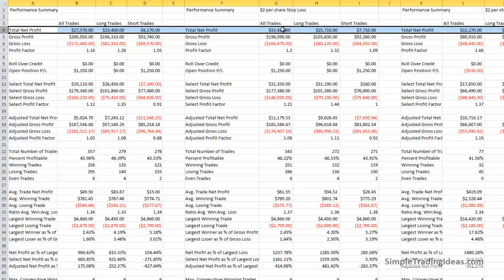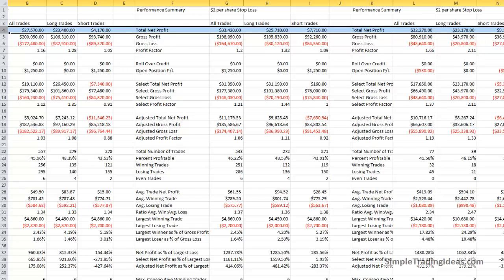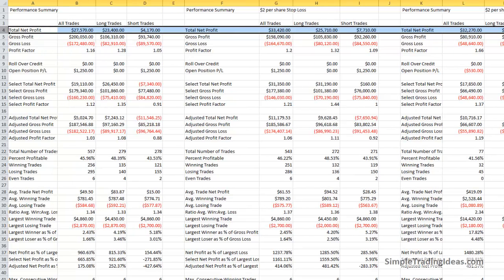There's our total net profit, all trades, right here with a $2 per share stop loss. And in the case of our new system with a channel, we're right at about the same level that we were in the previous one. So we might be saying, hey, there's no real advantage to it. In fact, it makes less money.